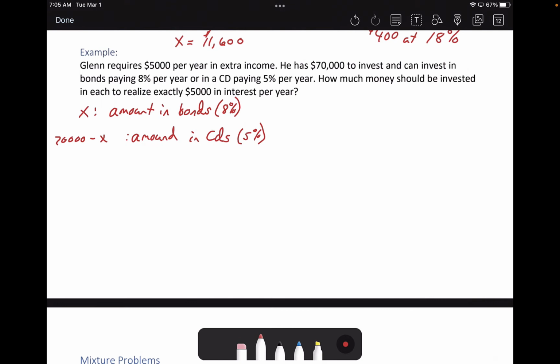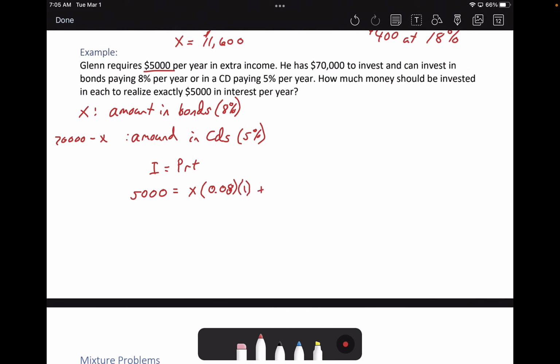So again, we're going to start with our I equals PRT formula. The interest in this example needs to be $5,000. And the principal, notice we have two different principals, one at 8% and one at 5%. The first one, X, times its rate of 8%, times its time, again, we'll assume 1 year.